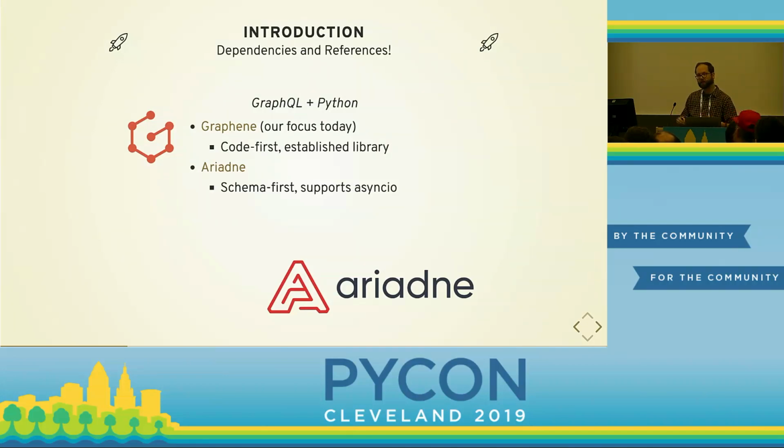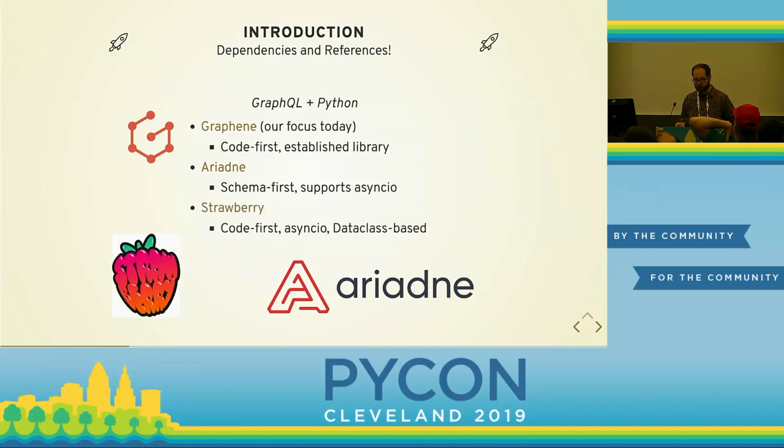In Ariadne, you would write a special GraphQL syntax for defining the schema, and then write Python to bind that schema to your Python models. Ariadne also supports async I/O. There are other newcomers like Strawberry, which is code first as well as Graphene, supports async I/O, and uses data classes under the hood. So it's an exciting time to be involved with GraphQL and Python.